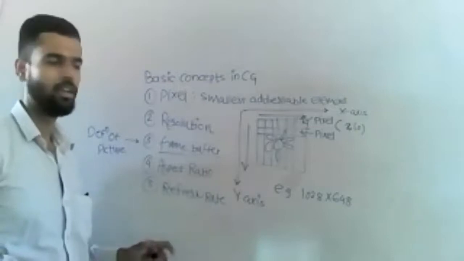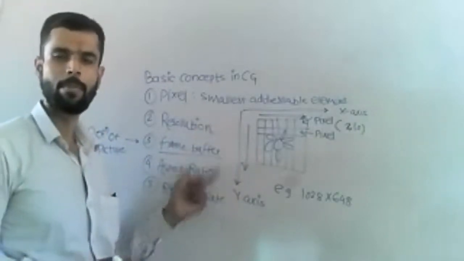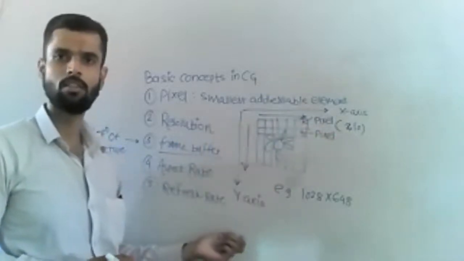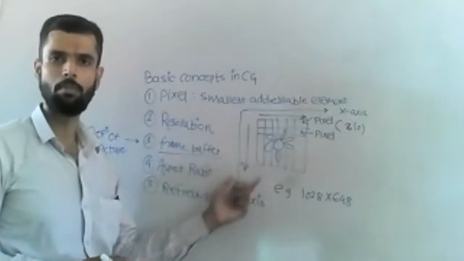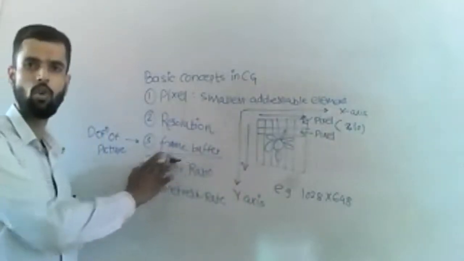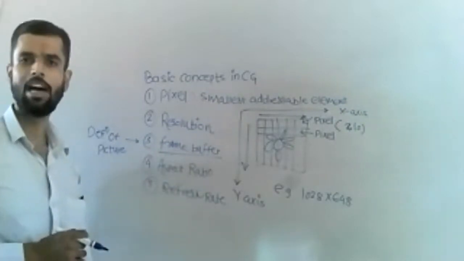Definition of the picture means how the picture is going to be represented on the screen, what its x and y coordinates are, and what the address of each pixel is. These definitions will be stored in the frame buffer.